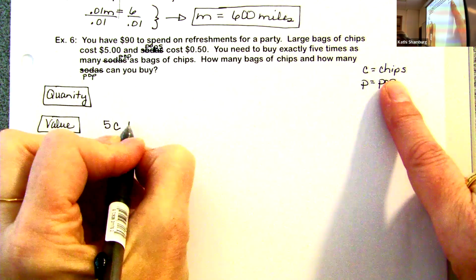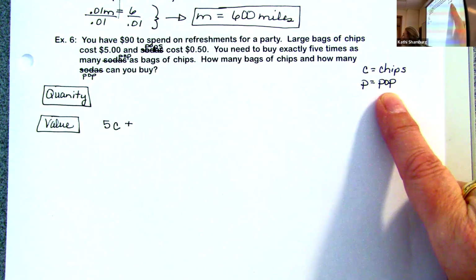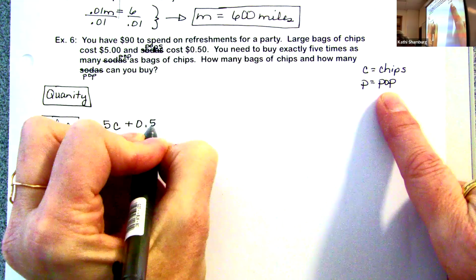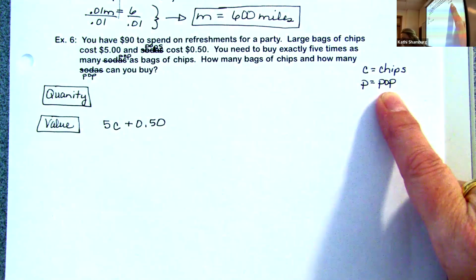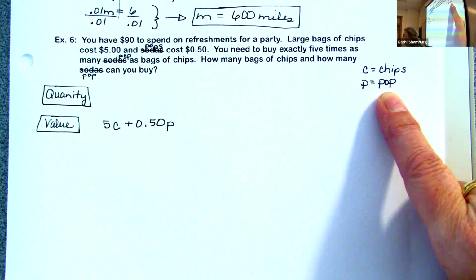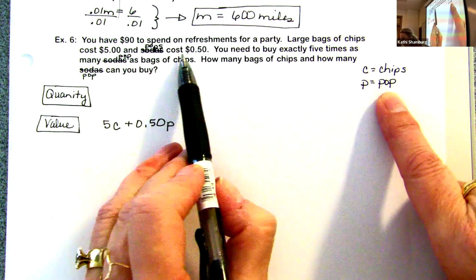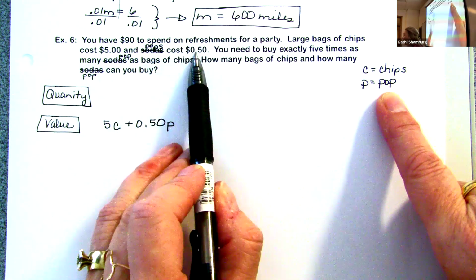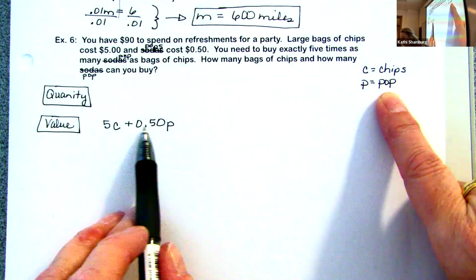And we're going to add that to the value of our pop, which, what is that valued at? How much? 50 cents. And that's times pop. So it says chips cost $5, pop costs 50 cents. That's where those numbers come from.